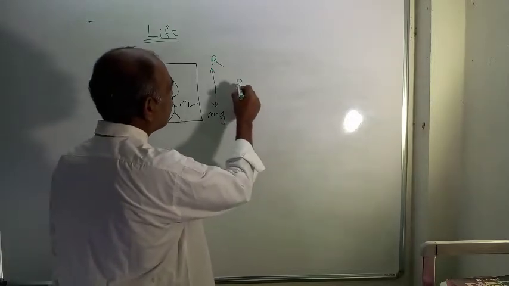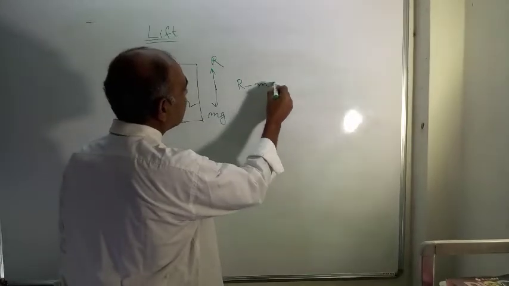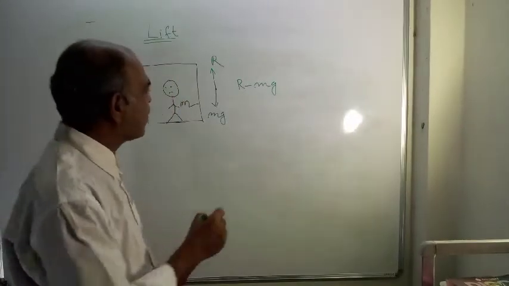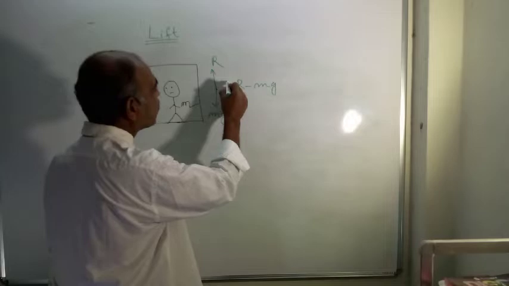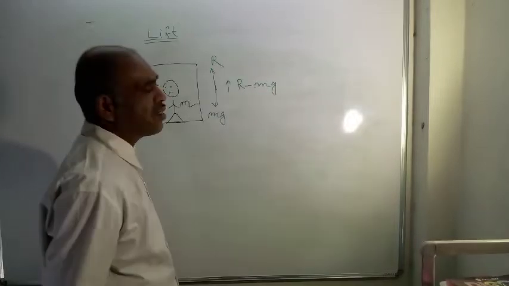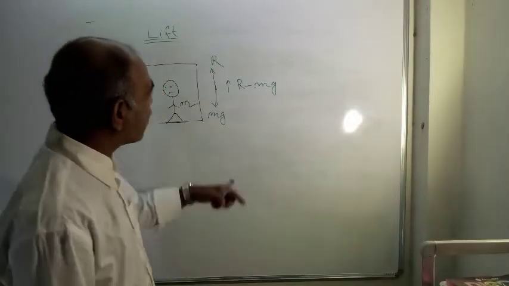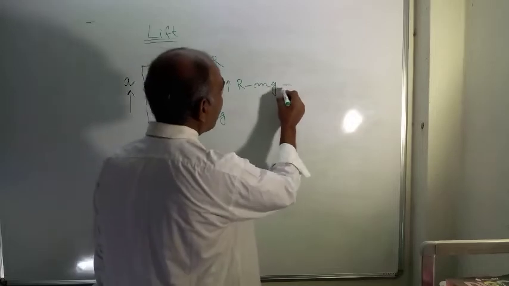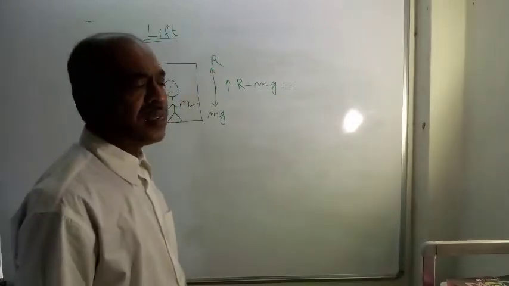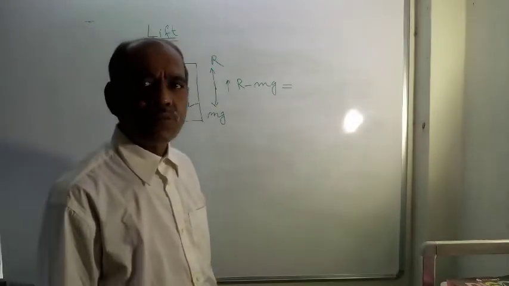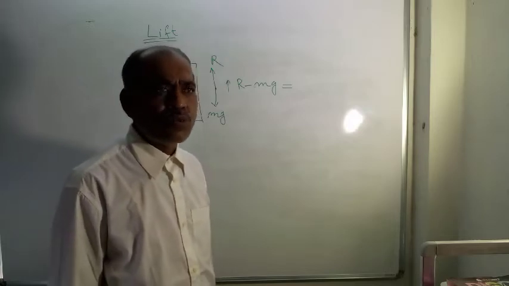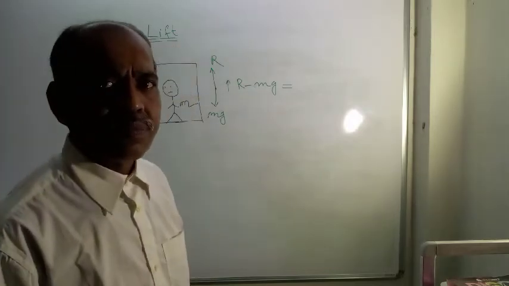So R minus mg is the net resultant force acting in the upward direction, and that net resultant force should be equal to the mass of the man multiplied by acceleration, according to Newton's second law of motion.